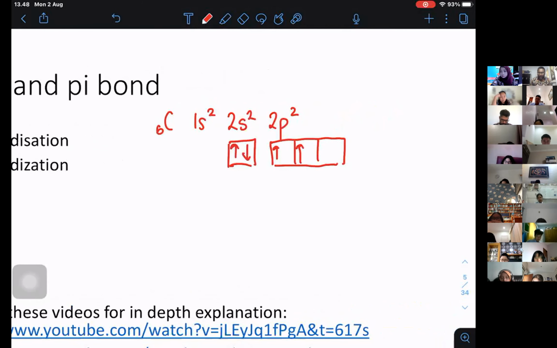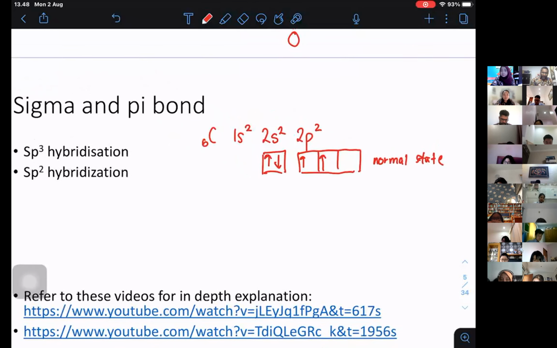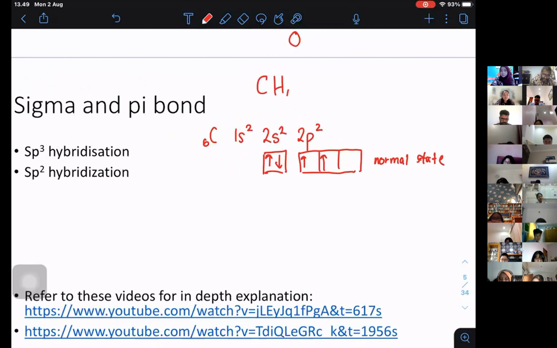Now, this is what we call the normal state. Under the normal state, the electrons exist in this way. Now, if I want to form bonds, for example, carbon wants to form bonds with 4 atoms of hydrogen, CH4, carbon must prepare itself to receive 4 electrons from the 4 atoms of hydrogen.